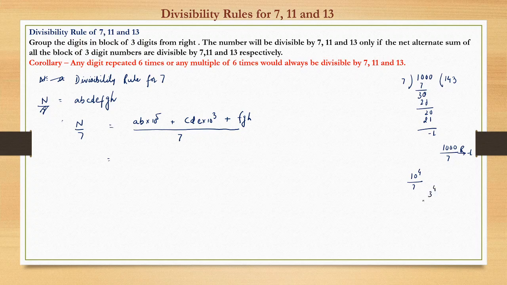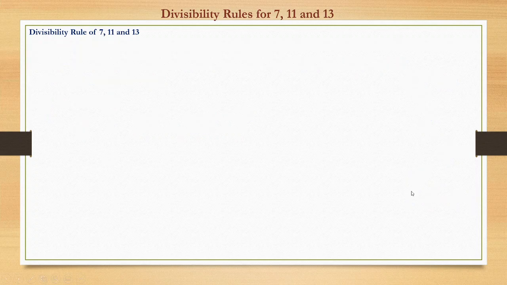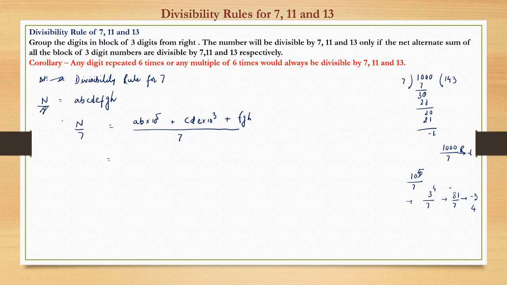This becomes 3 raised to 4 by 7, that is 81 by 7, so remainder is minus 3, that is 4. If it is 10 raised to 5, it will be 3 raised to power 5 by 7, so this becomes 243 by 7. Here it becomes 5.